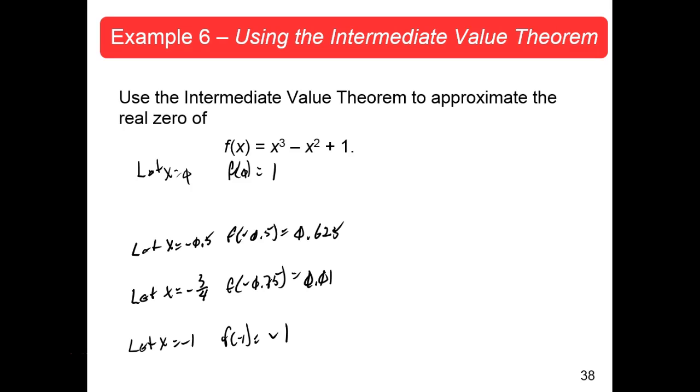Okay. It's slightly positive. Well, guess what? Probably not likely it's between negative 0.5 and negative 0.75. So more than likely, it's got to be one between negative 0.75 and negative 1. Looks like we're getting really close to it with the negative 3/4. So what do you want to try next? Okay, you want negative 7/8.